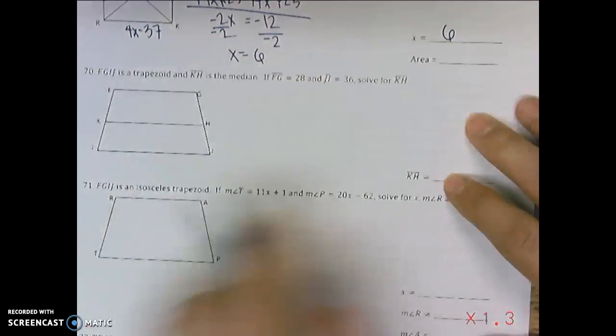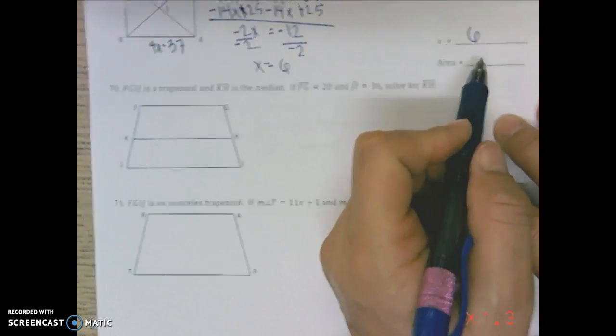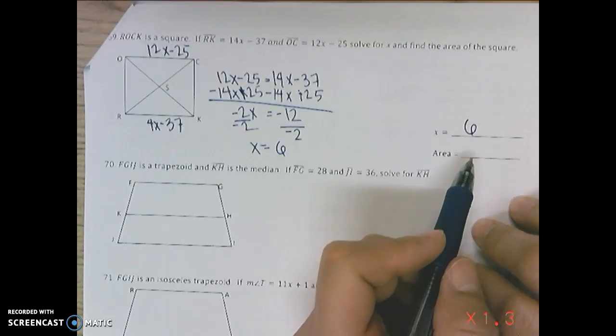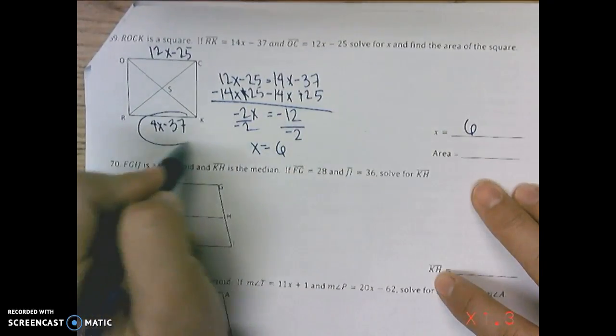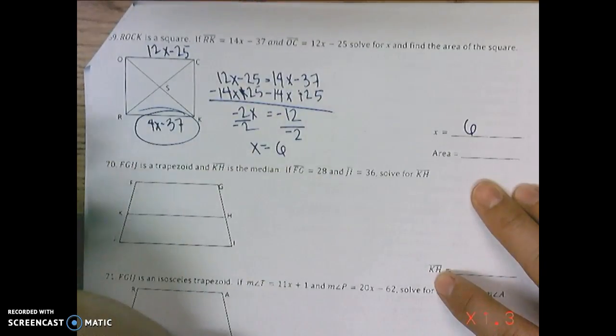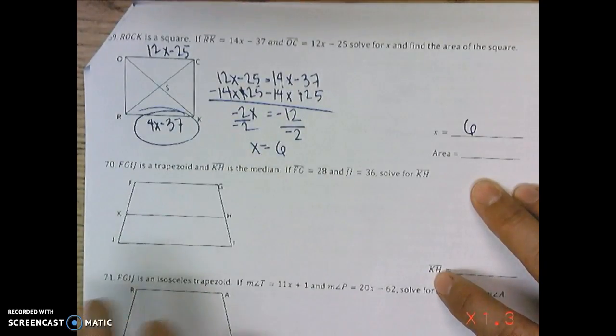All right, now it wants me to find my area. So, oops, kind of hard to see here. My apologies. I'm going to take that x and plug it back in to either equation, it doesn't matter. Then I'm going to have to multiply it by 4 because there's 4 sides.